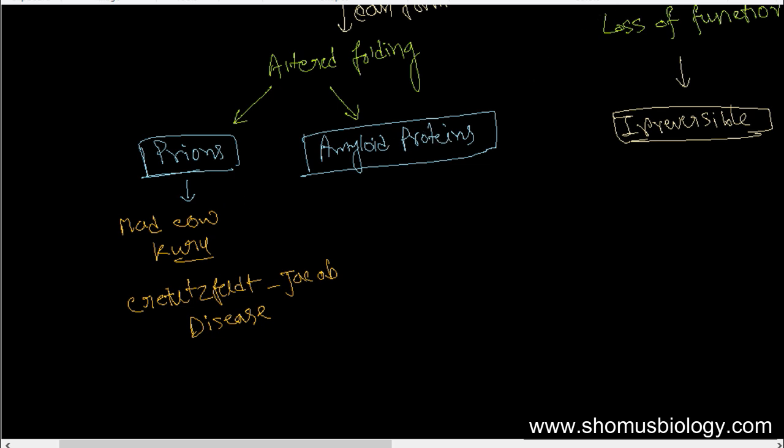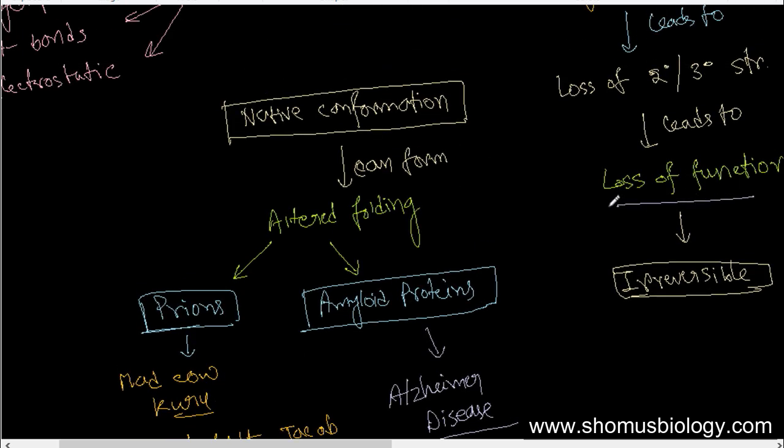And these amyloid proteins, which are formed as a result of altered folding of a protein, may lead to Alzheimer's. Probably you heard that earlier, right? Alzheimer's disease. Okay, and when a protein has a loss of secondary and tertiary structure, most proteins cannot recover. They remain in an irreversible stage of damage.